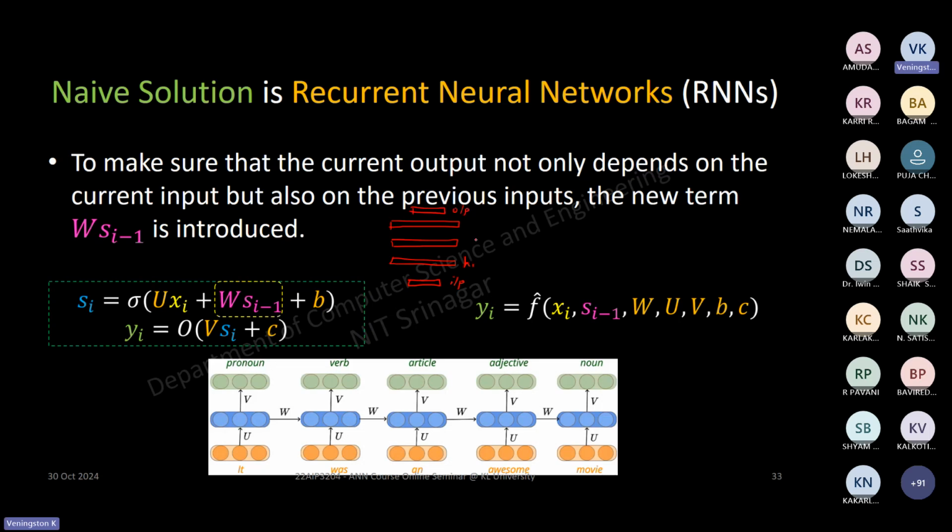This is hidden layer 1, hidden layer 2, and hidden layer 3. Depending on the size of the hidden units, which means the number of neurons in the hidden layer, the weight matrix used in that layer is decided.